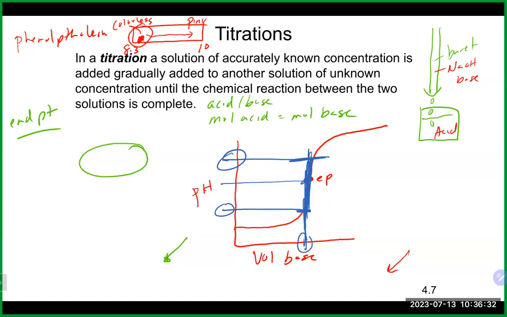Because it goes vertical, the volume is pretty much the same for all of them. That is why when you do a titration and you add just 1 drop, you think, hey, it's just 1 drop, it's not going to make a big difference. When you get close to the equivalence point, you do not need a lot of volume to change the pH a lot.